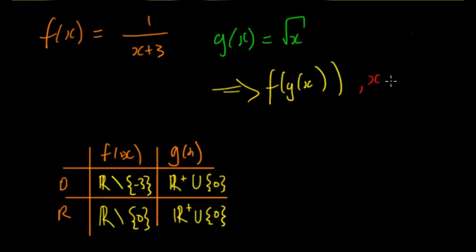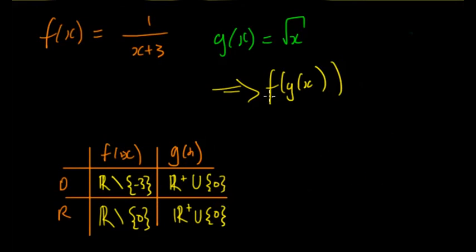So we know that the domain is going to have to be a subset of this. So we can't have any negative x values, so x cannot be less than 0. But for the moment, that doesn't really matter, because we're just checking if it's defined or not. And that's a natural x restriction, which we've already talked about.